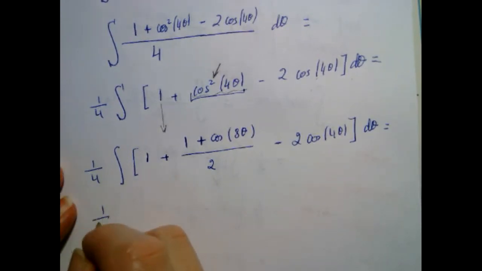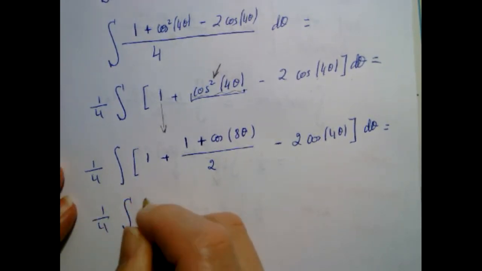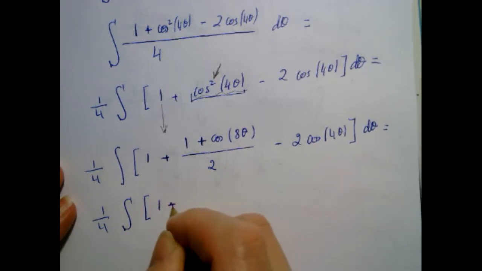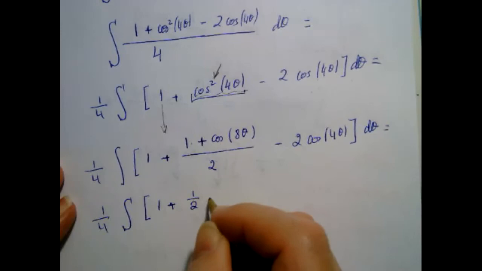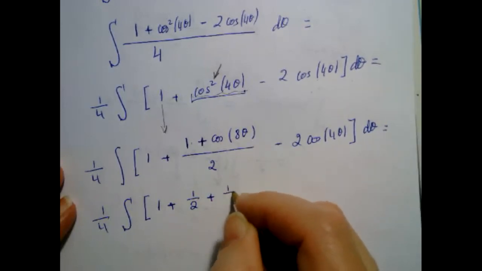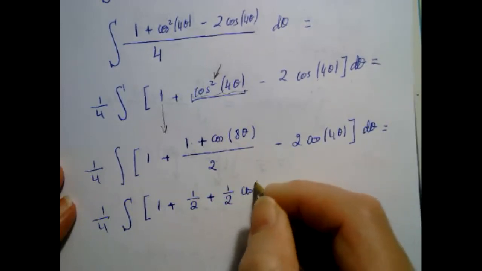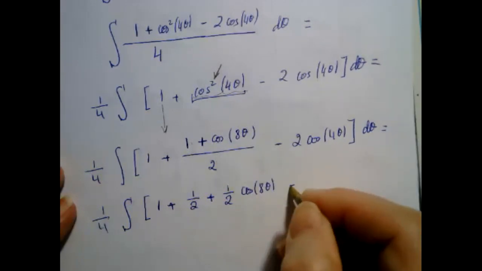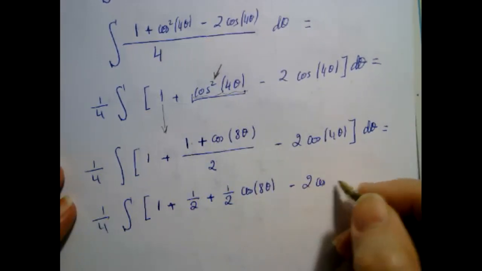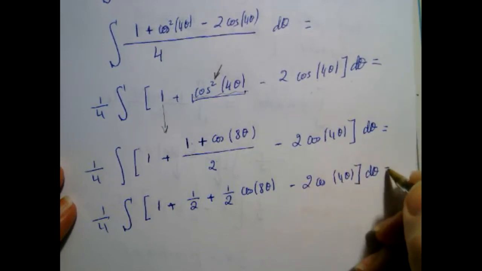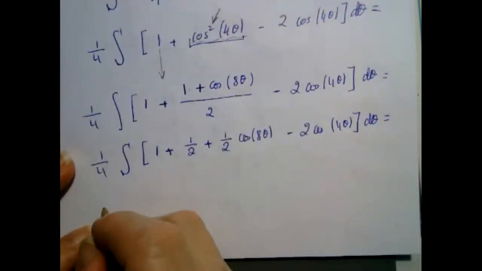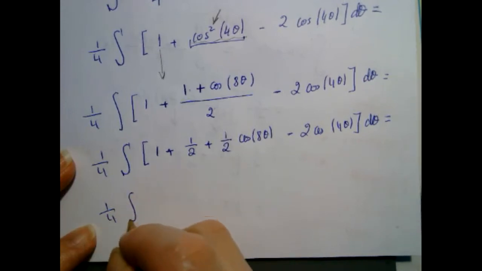It's going to be 1/4 times the integral of 1 plus, and this one I can split into a half plus a half cosine 8 theta. Kind of messy, but it's not difficult.